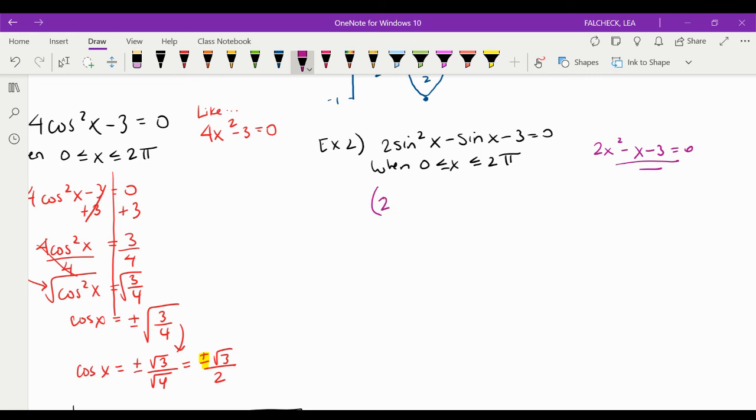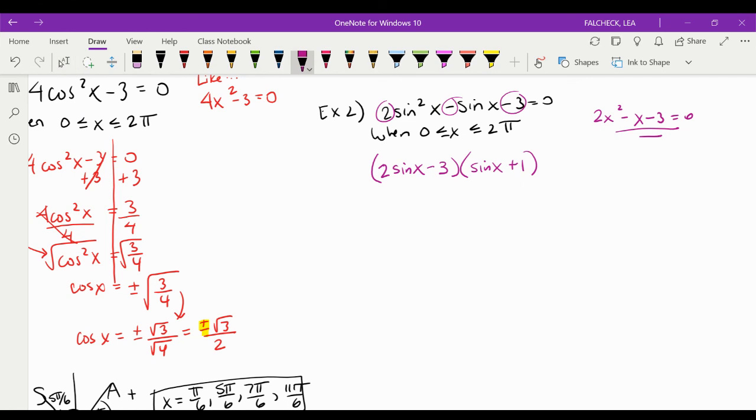I've got 2 sine x, I'm going to have to do some math to figure out those numbers, times the sine of x. And then I'm looking for the factors of -3 times 2 that add up to -1. So that would be -3 and +1. Okay.